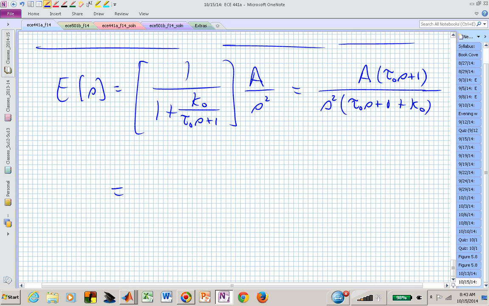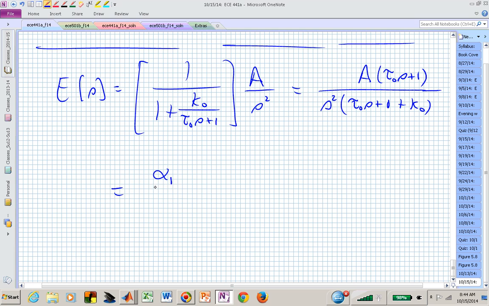Now, do you envision a partial fraction expansion of this? Can you envision that? No? We now have a repeated factor. We have S and S squared, so we have to put both of those in the denominator of our partial fraction expansion.